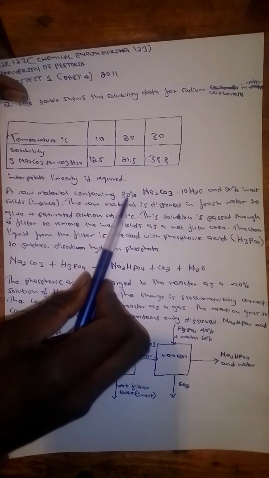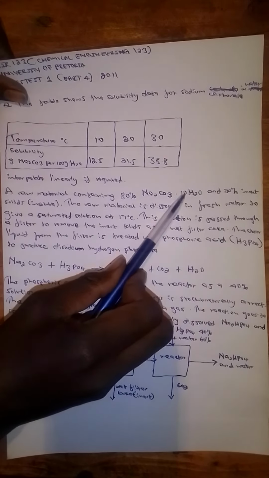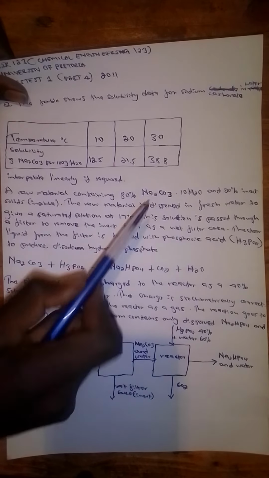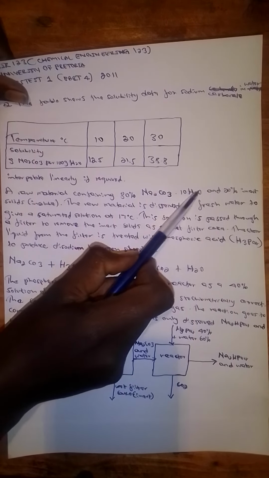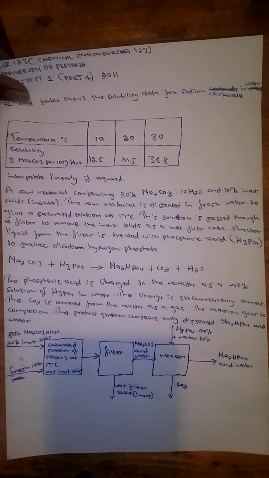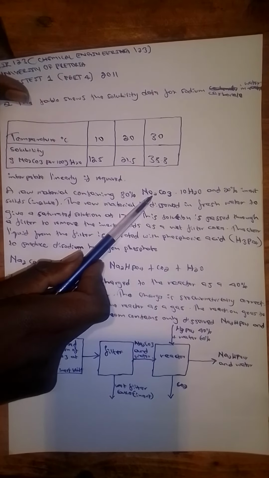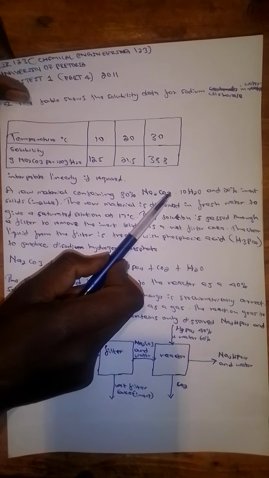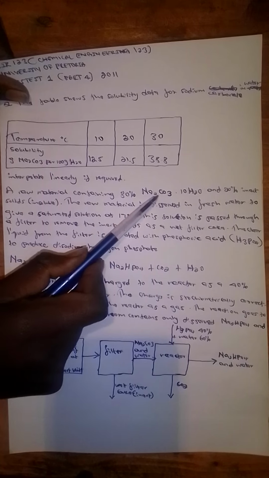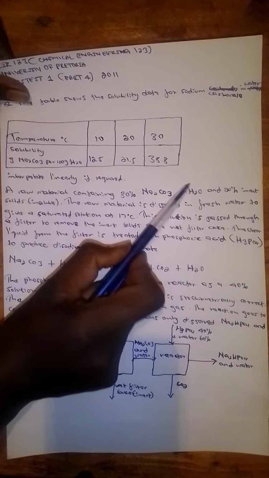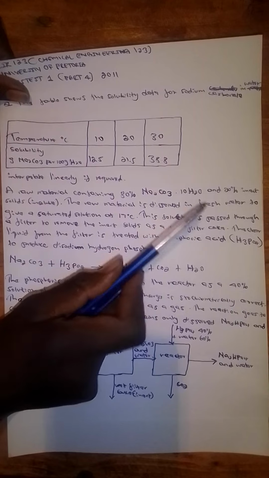They say the raw material contains 80% of Na2CO3·10H2O. It's important to understand that the mass fraction we're calculating now is not the mass fraction of Na2CO3 and of water in the whole raw material, but rather the mass fraction of Na2CO3 and water just in this compound, in the Na2CO3·10H2O. It's important to notice that.